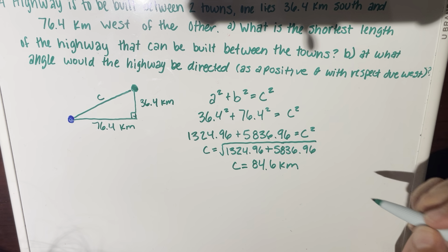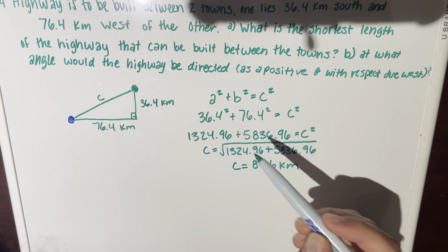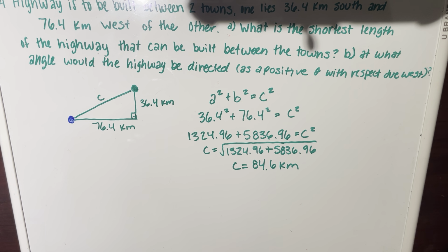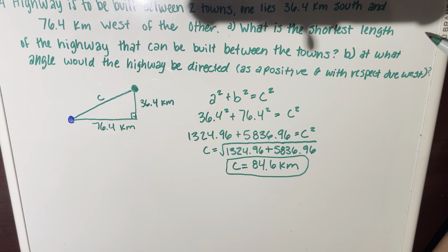And I did make the mistake of not putting my units throughout. I'm very sorry about that. But we have the kilometers here. We're going to end with kilometers here. So this is going to be our answer for part A of what is the shortest length that the highway can be built between the towns.